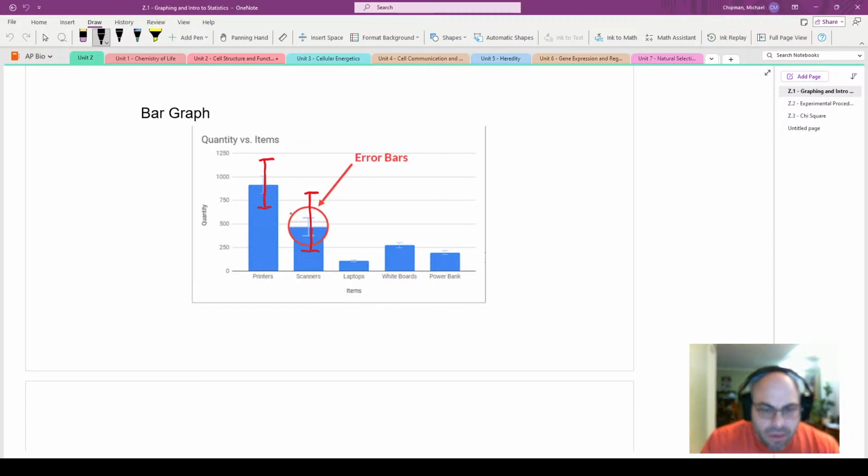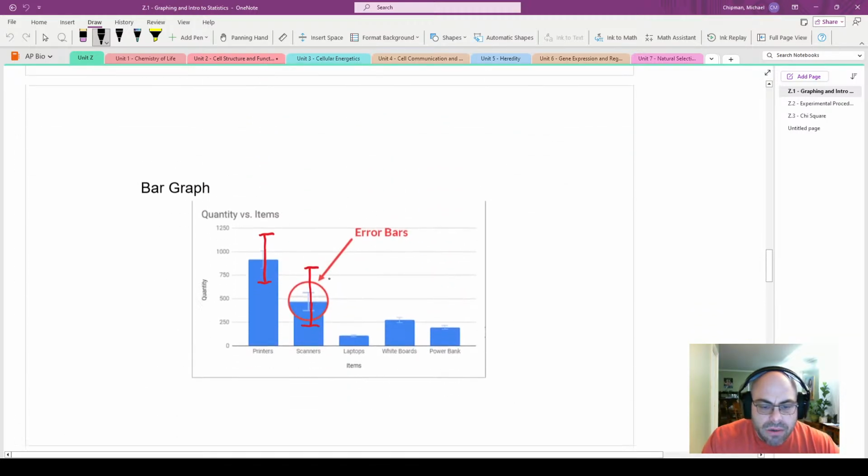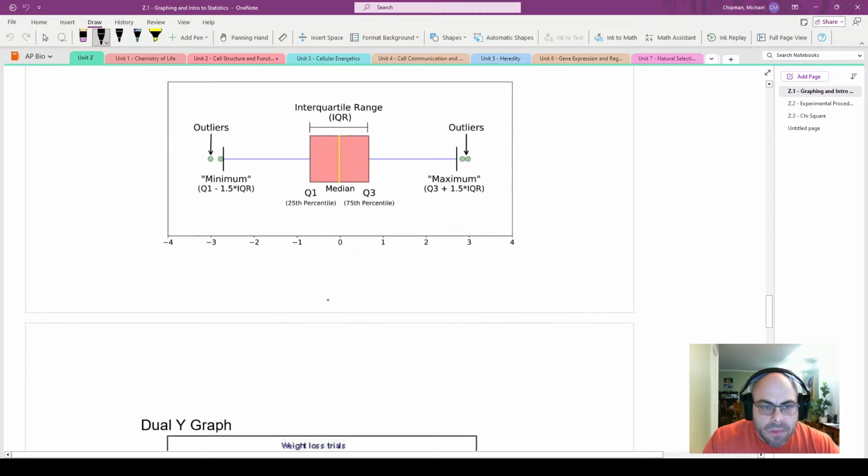And you're going to do these error bars on everything. They're going to have you do them, and so it's going to be plus or minus a particular value, and there's probably going to be a question associated with the graph that's going to have you answer, is there a significant difference between printers and scanners? No, because the error bars overlap. And if they didn't overlap, then there would be, right?